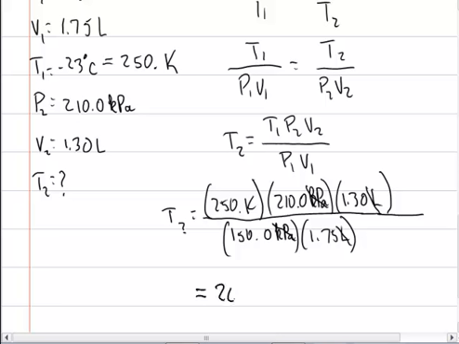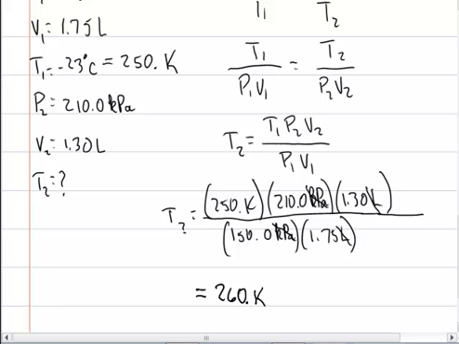Well, that worked out nicely. Point, because that's 3 sig figs. If you look here, we've got 3, 4, and 3, 4, and 3. It's all multiplication and division, so we'll have the same number of significant figures as the factor with the least. That would be 3. And our units are kelvins.